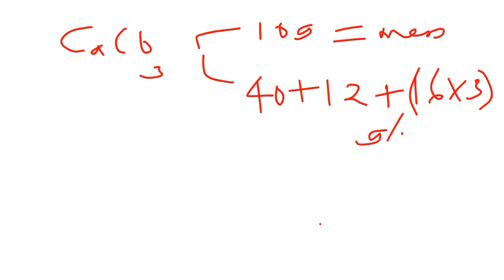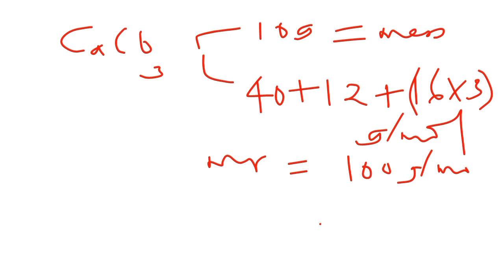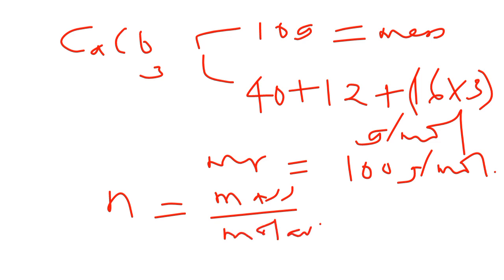The SI unit is gram per mole. So the molar mass is equal to 100 gram per mole. The purpose of doing so is to come to this formula: number of moles is equal to mass over molar mass.